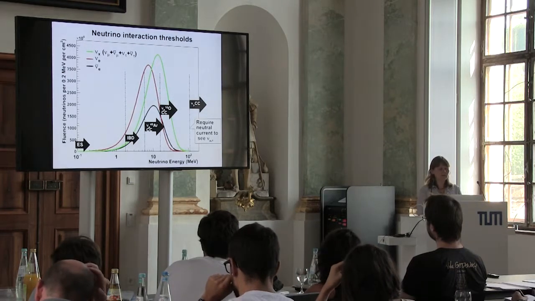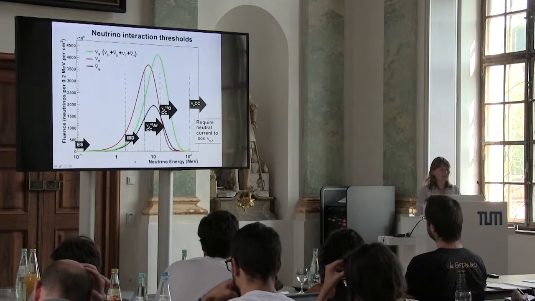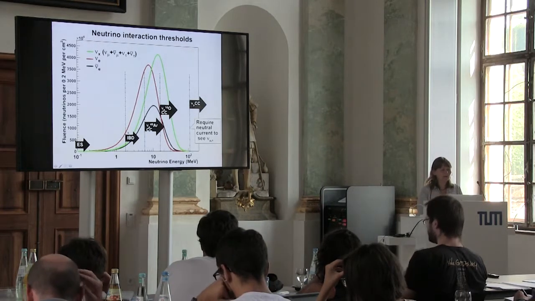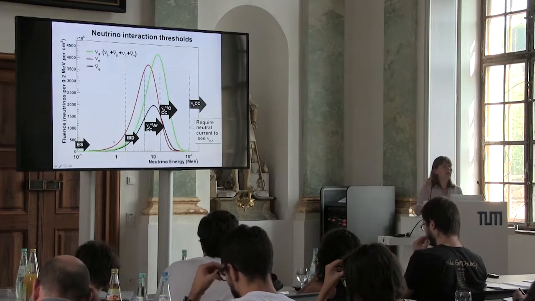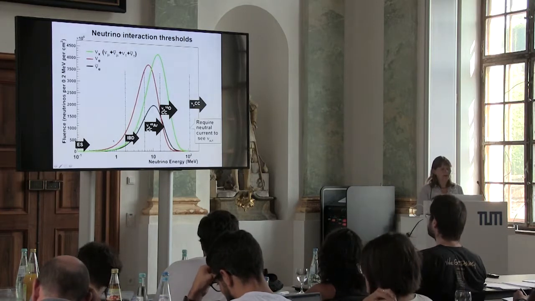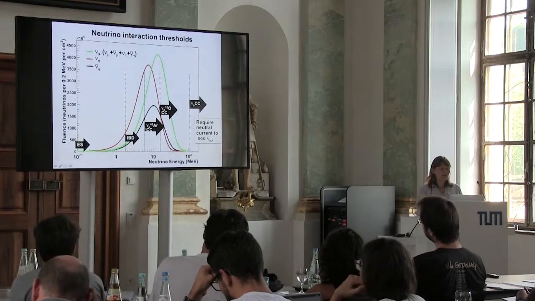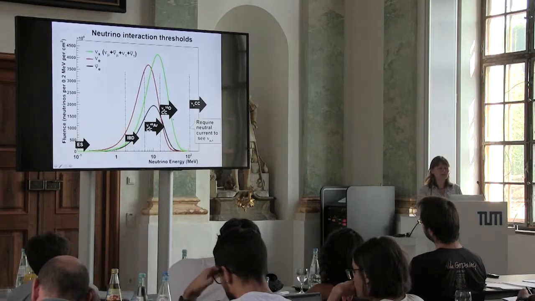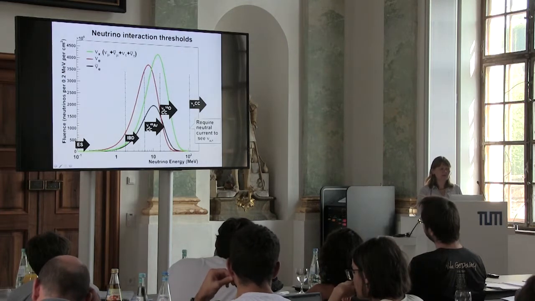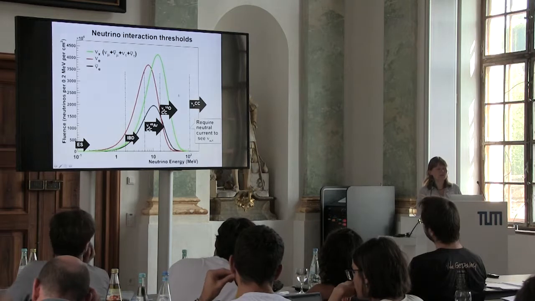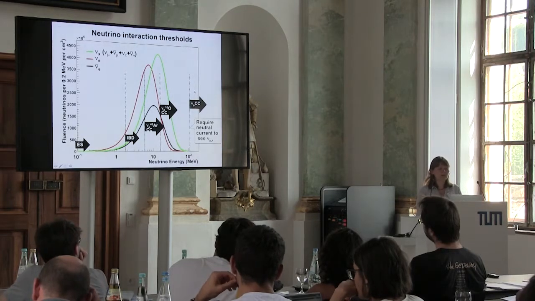So if you want to see inverse beta decay, antineutrino on proton, the threshold for that is something like 1.8 MeV. And so any neutrinos that have energies below that, you will just not see at all. This is charged current scattering on argon, which has a higher threshold. This is scattering on oxygen, which has an even higher threshold, and so you can only see the part of the spectrum above it.